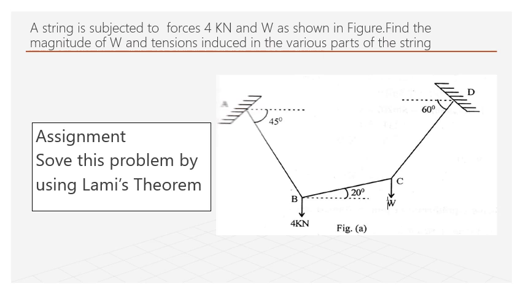If there are only 3 forces at a joint, remember we can apply Lami's theorem, but to apply it, at least one of the forces should be a known force. If all the forces are unknown, then it is not possible to find the answer. So here, yes, we get one known force, so we can apply Lami's theorem.